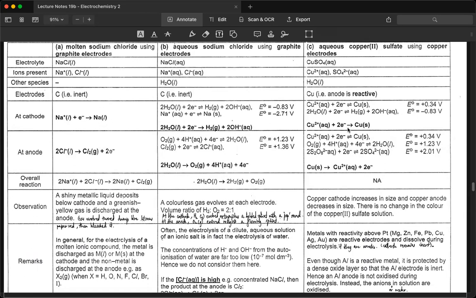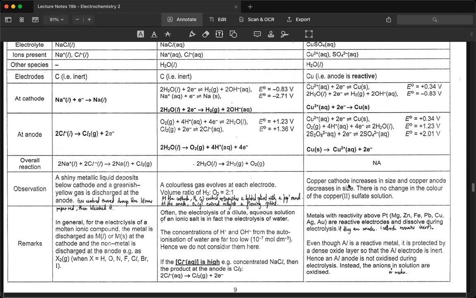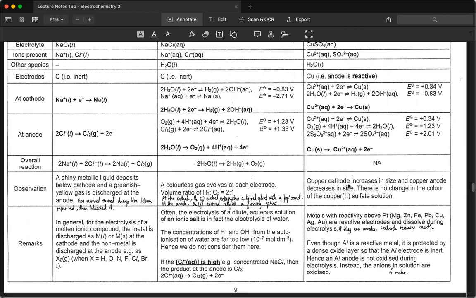In the case where we have a reactive electrode using copper, for example, observations include the copper cathode increases in size and the copper anode decreases in size. So try not to say mass because when they say observation, they never ask you to measure the mass.